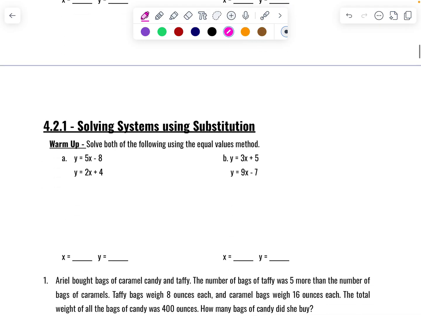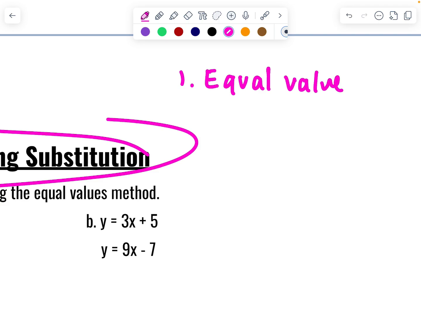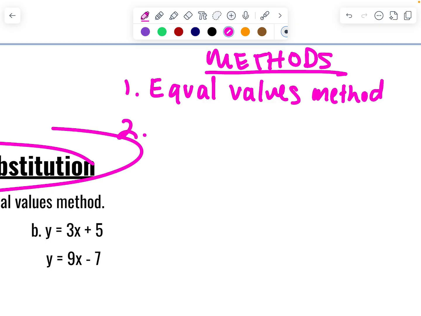Let's go on to our new method today, solving using substitution. So our first method was the equal values method. And the second method we're learning today is called substitution.